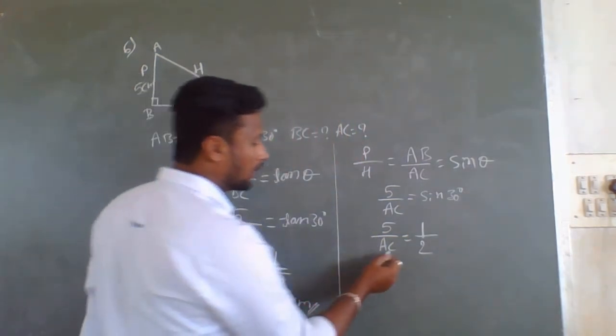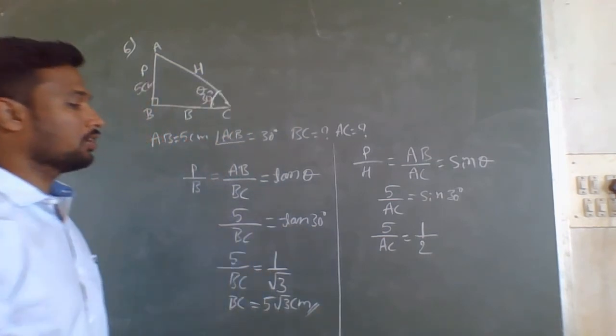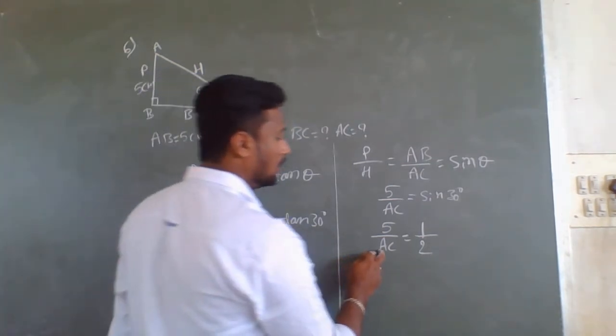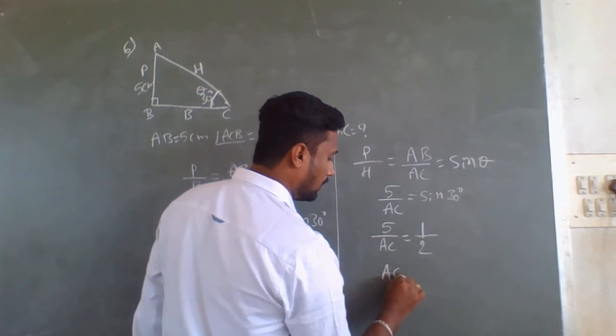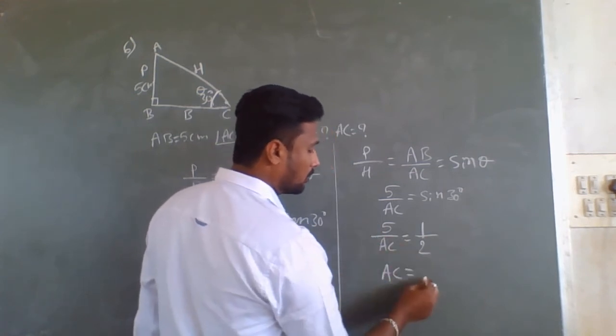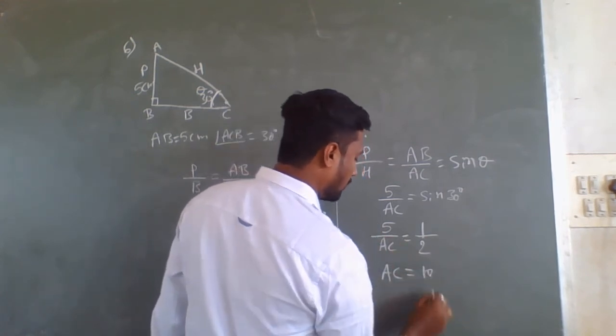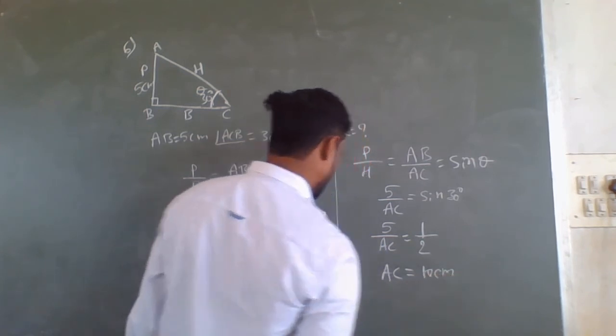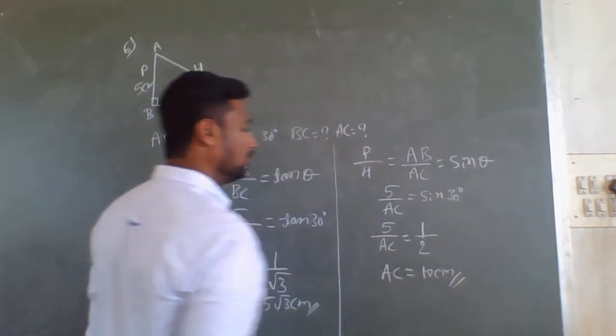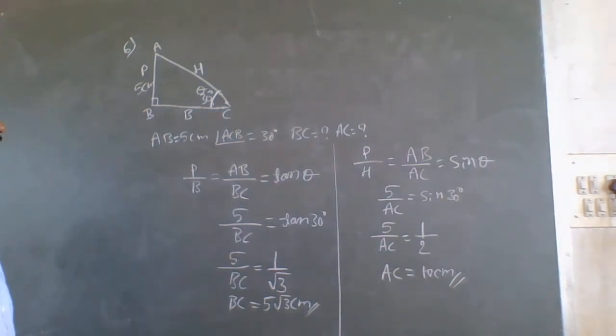So now to get the value of side AC, again cross multiplication, so AC into 1 means AC equals 5 into 2, which is 10 centimeters. Therefore the length of AC equals 10 centimeter.